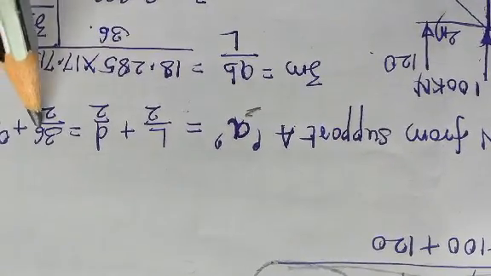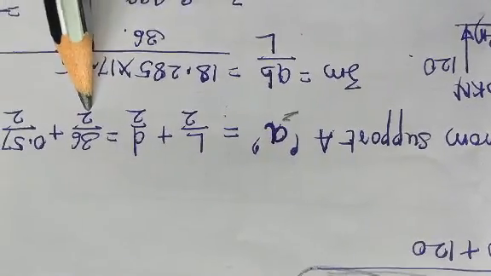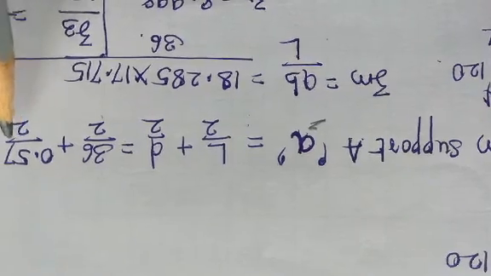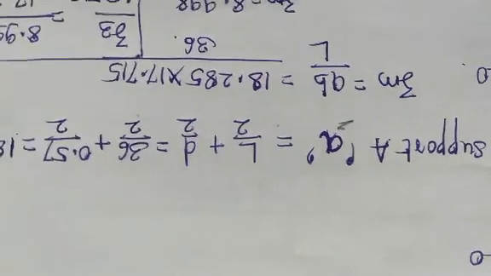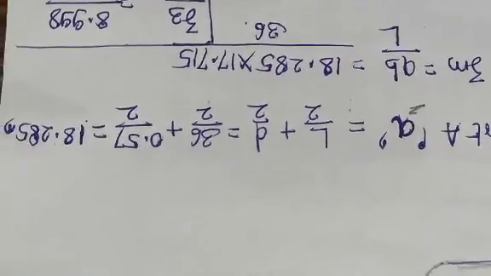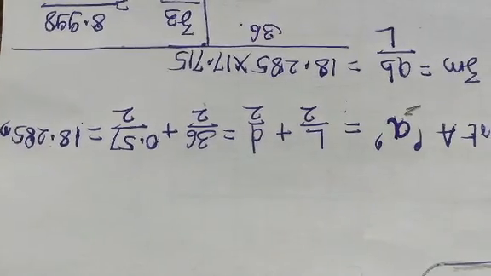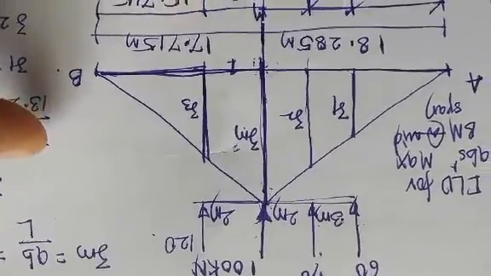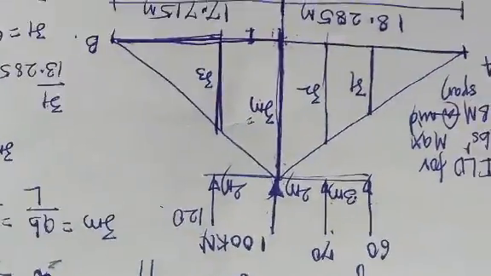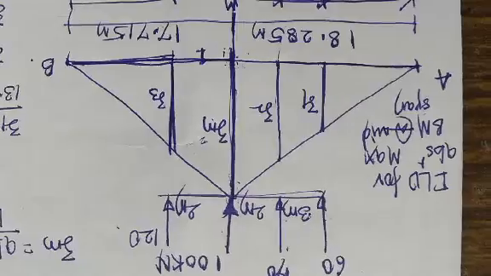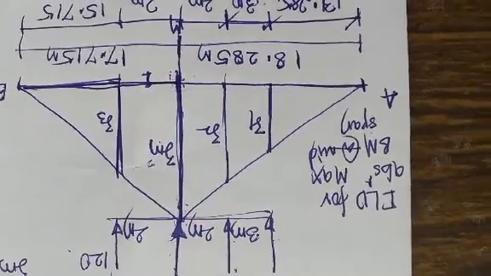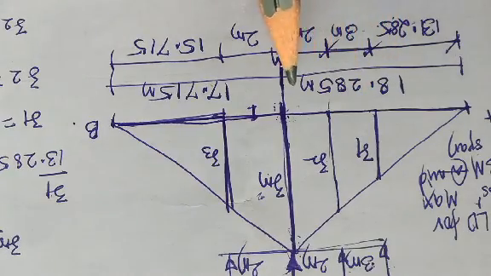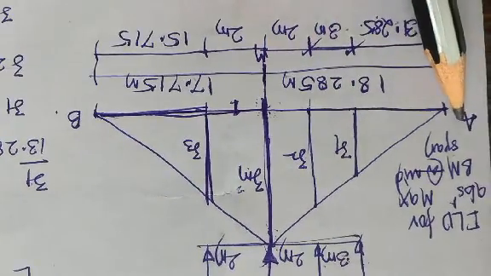Here the span is 36, by half, plus D distance that we have got, 0.57, divided by 2. You will get the value as 18.285 meters. So this 100 kilonewton should be placed 18.285 meters away from support A.